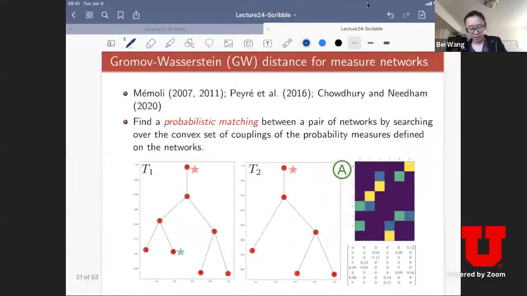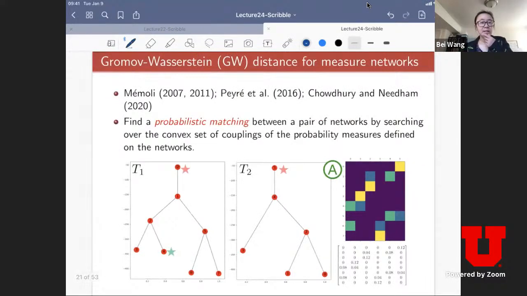All right. The most crucial technical part actually comes from a line of work called Gromov-Wasserstein distance. I'm going to call it GW for easy pronunciation for the rest of the lecture. The GW framework comes from a line of work by Mémoli back in 2007 and 2011.